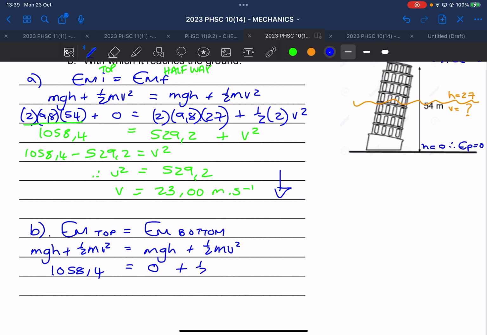Plus a half times 2 times v squared. And your unit? Make this specific.